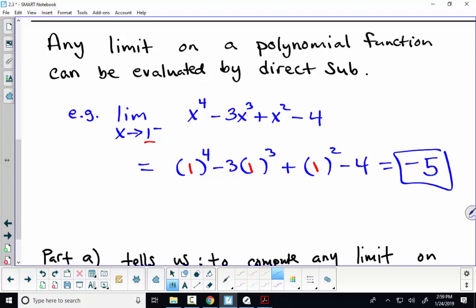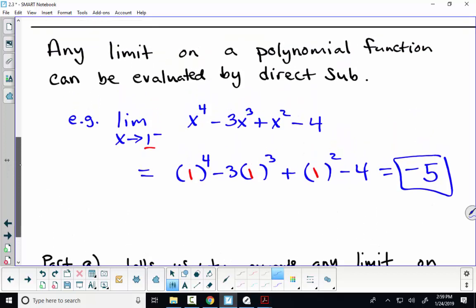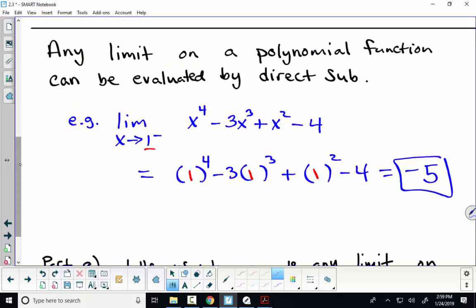Do y'all have any questions or comments on this? That's only on polynomials, right? Polynomials and linear functions, yeah. So linear functions rather are essentially polynomials. They're just a first degree polynomial. Yep. Even one-sided limits, we just plug that value in.